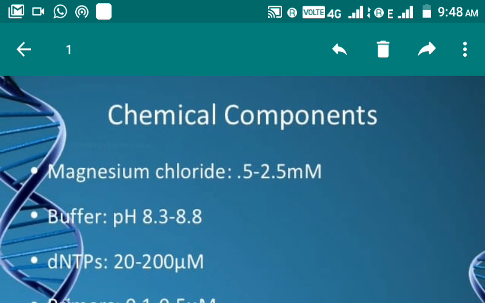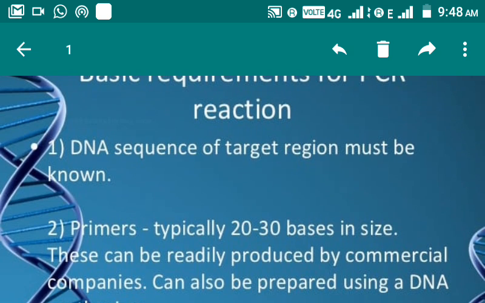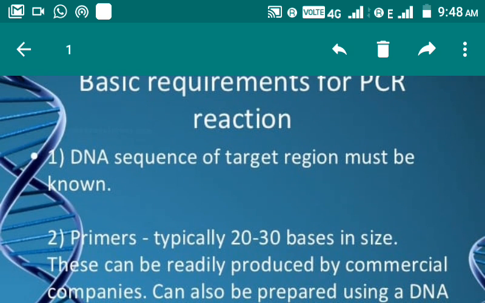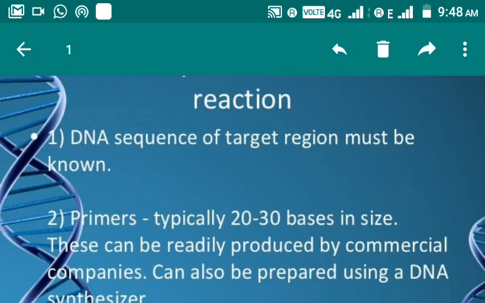Now, what are the basic requirements, how much amount is required? First, the DNA sequence of the target region must be known. This is for the designing of primers, because this is the first step. Until you know the sequence of your template, you won't be able to design primers, and the primer is the first step which binds and extends the DNA synthesis.